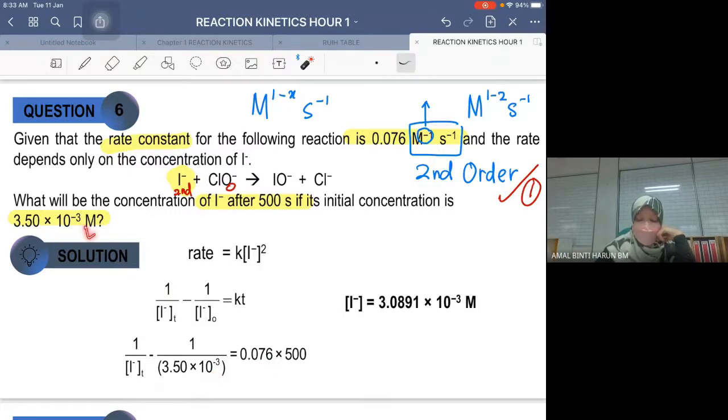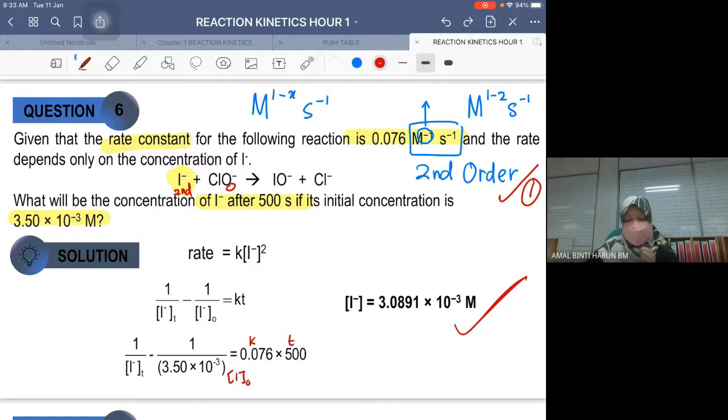Okay, ni initial concentration, ni K, ni time. Substitute dapatlah ni. So sebab dia ni jangan lupa ni 1/. So concentration dia dalam unit molarity. Soalan?